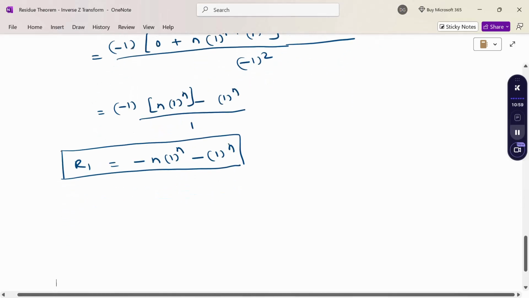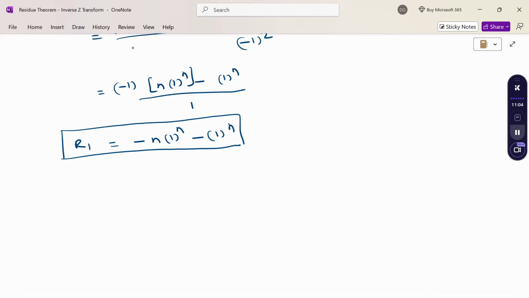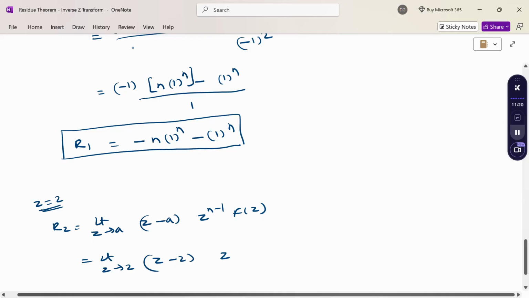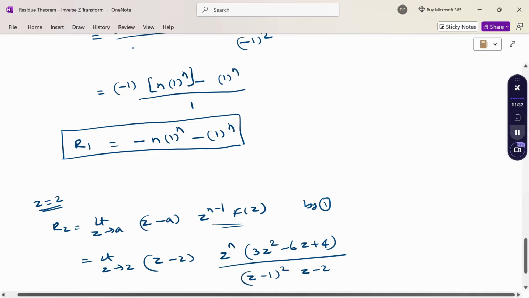So residue 2 is nothing but, using the first formula, z equal to 2, residue 2 is limit z tends to a, z minus a, z power n minus 1 f of z. Limit z tends to 2, z minus 2, z power n minus 1, by equation number 1, z power n, 3z square minus 6z plus 4 divided by z minus 1 square, z minus 2.